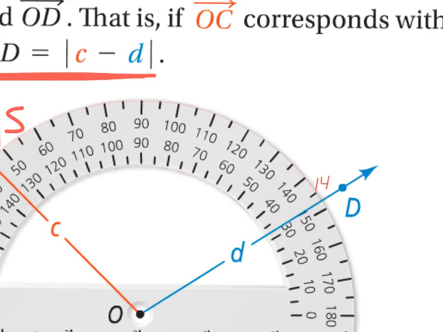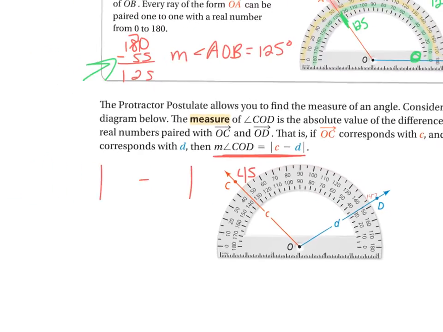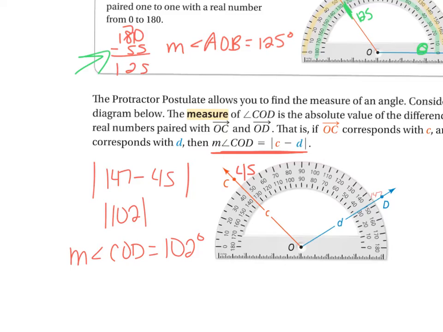Let's say 147. We'll use whole numbers to make it easier. So we're going to do the absolute value of 147 minus 45. If you stick that in your calculator, you get the absolute value of 102. So the measure of angle COD is 102 degrees.